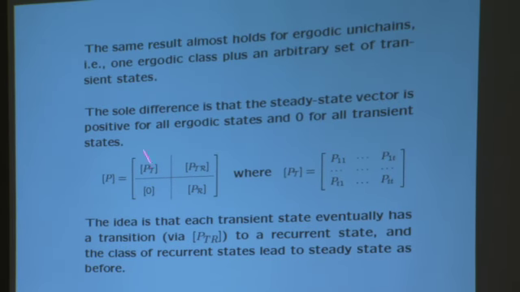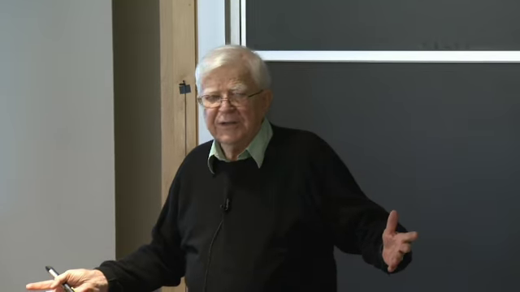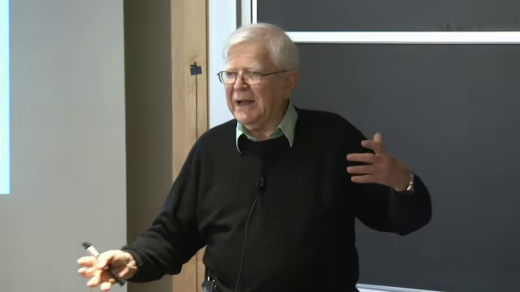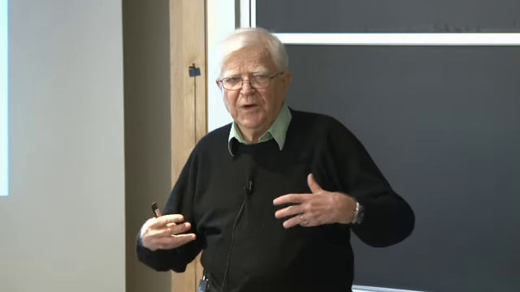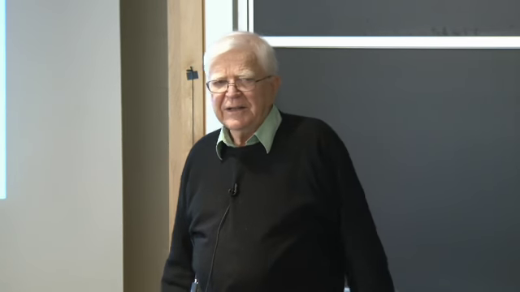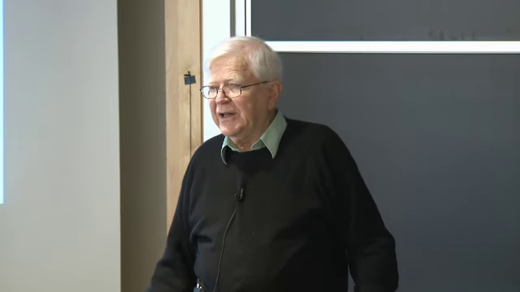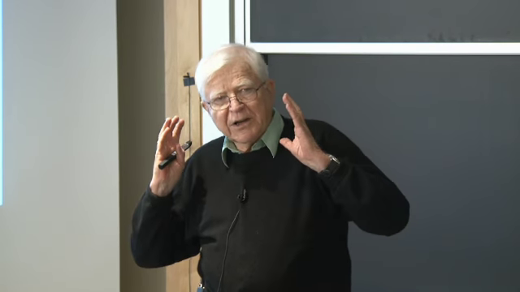Okay, the same result almost holds for ergodic unit chains. What's an ergodic unit chain? An ergodic unit chain is an ergodic set of states plus a whole bunch of transient states. Doesn't matter whether the transient states are one class of transient states or multiple classes of transient states. It's just transient states, and there's one recurrent class.